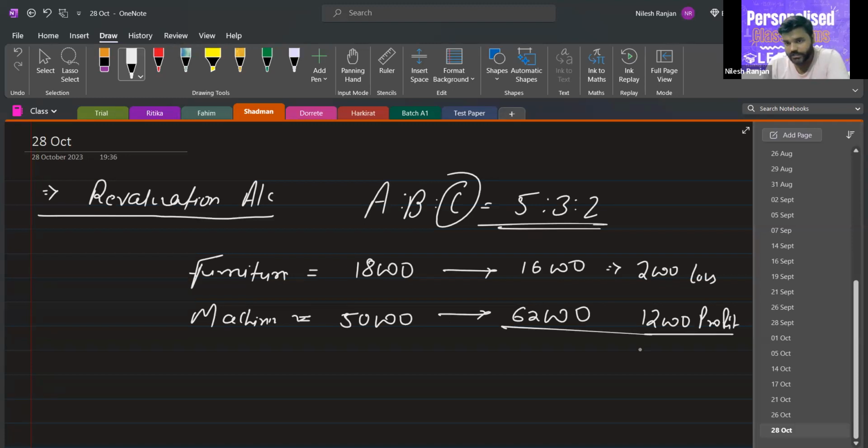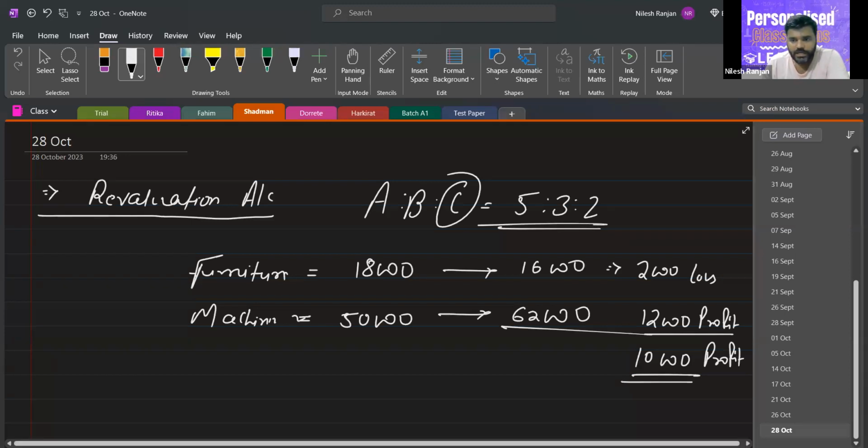So the net effect is 10,000 profit. Now this 10,000 should be distributed between A, B, and C in 5:3:2. So A will get 5,000, B will get 3,000, and C will get 2,000.